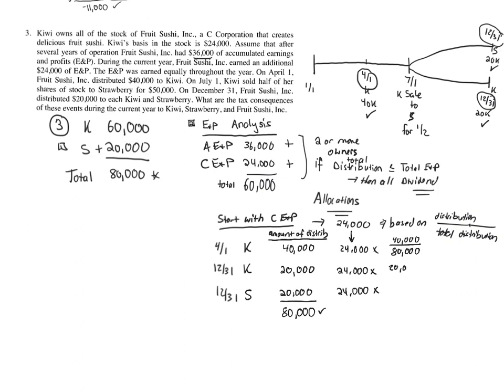This is 20,000 over 80,000. We get 12,000 allocated there, 6,000 allocated there, and 6,000 allocated there. If you add these up, you'll get 24,000, and we've allocated that out properly.